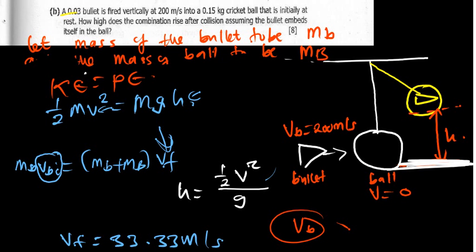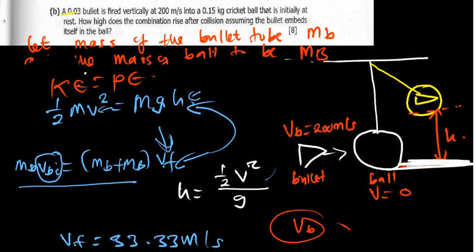So this question they can ask in two parts. They can either give you the height, then ask you to find the velocity of the bullet, or, the way it is here, they give you the velocity of the bullet, then ask you to find the height, meaning you use this formula the way we have done it. You find the final velocity, go back and plug in the values and find the h.